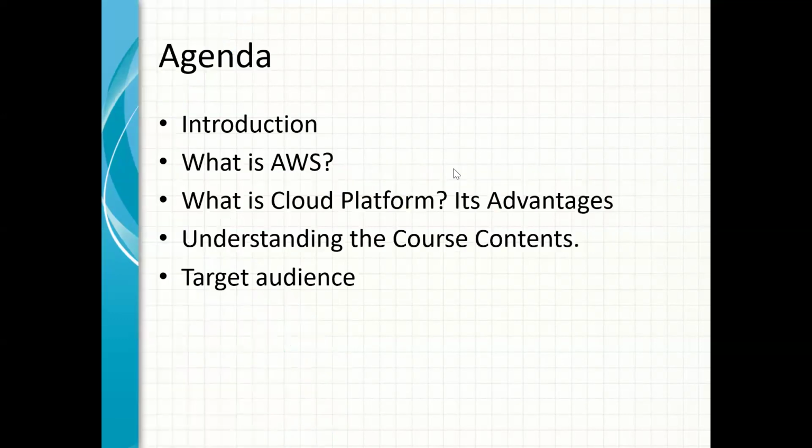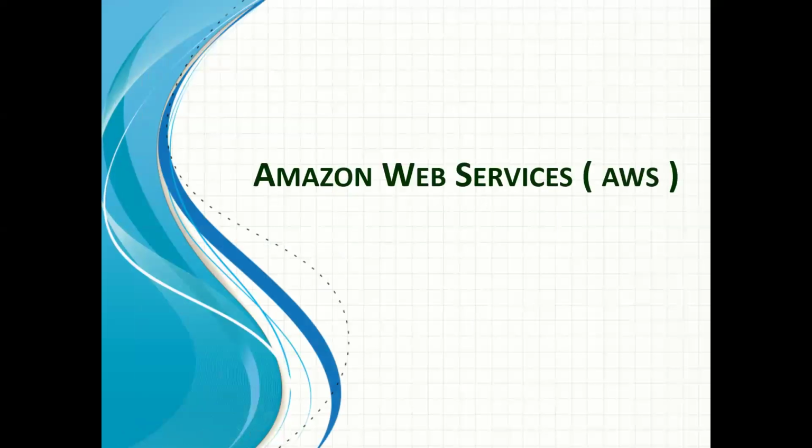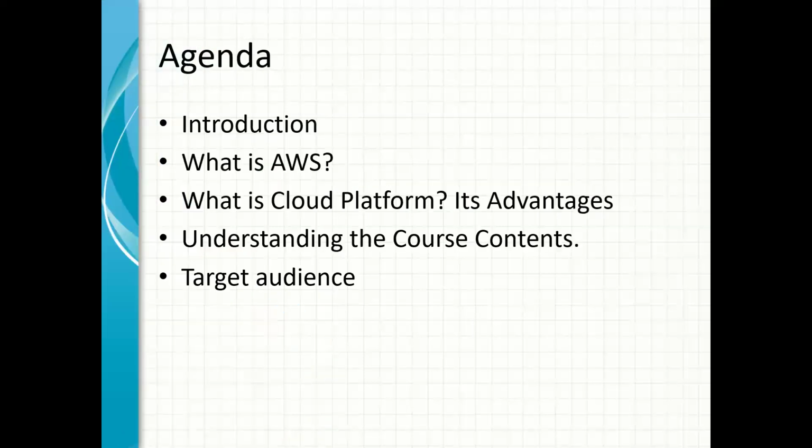Suppose someone asks you what is AWS, we can say that AWS is a cloud platform. There are many cloud platforms or cloud providers available. For example, we have Azure Cloud, Google Cloud, and Oracle Cloud. There are many clouds available, and AWS is also one of the cloud platforms.